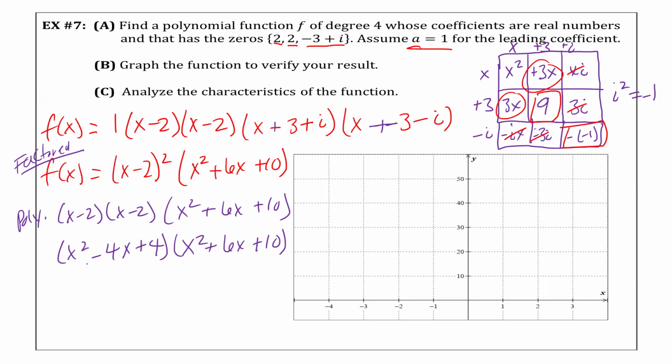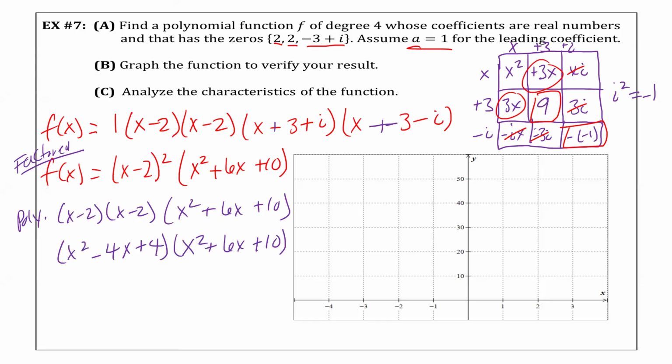Okay, so if you don't want to do it by multiple distribution, you have the option to use the box method. So with multiple distribution, I'm now going to take x squared and multiply times x squared, multiply times 6x, multiply times 10. Then I repeat the process.